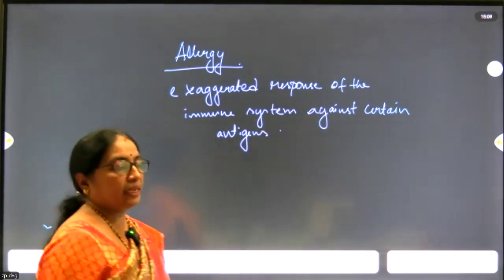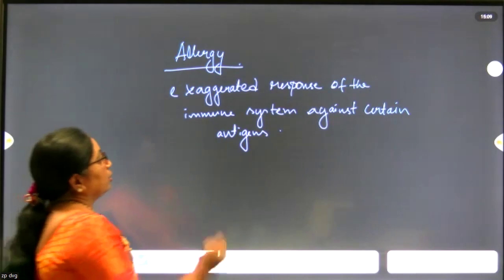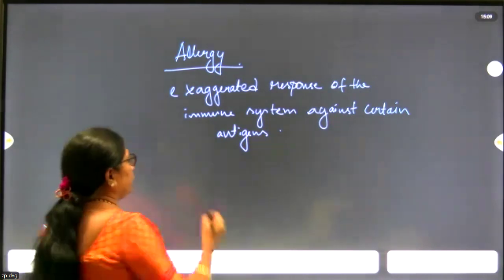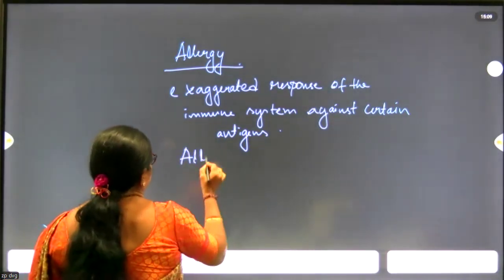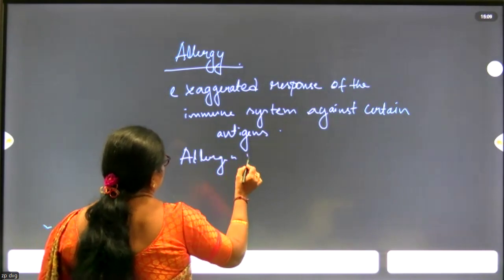So you call it allergy. The agent that causes allergy is called an allergen.